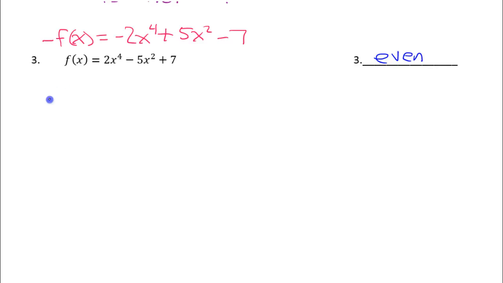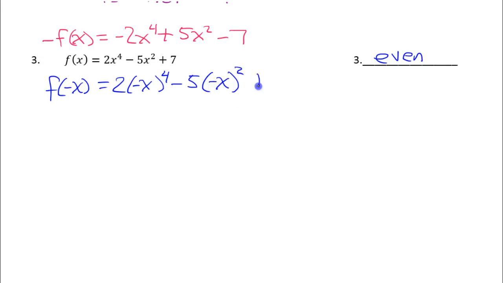So now we do f of negative x. So that's 2 times negative x to the fourth power minus 5 times negative x squared plus 7. Now let's simplify that down. When you have an even power, these negatives are going to disappear. So without parentheses, this will become 2x to the fourth power.